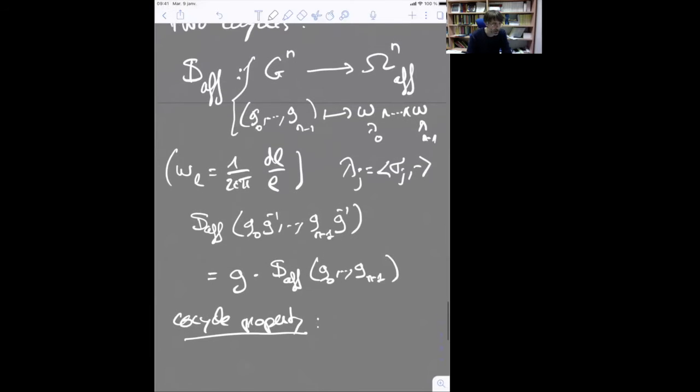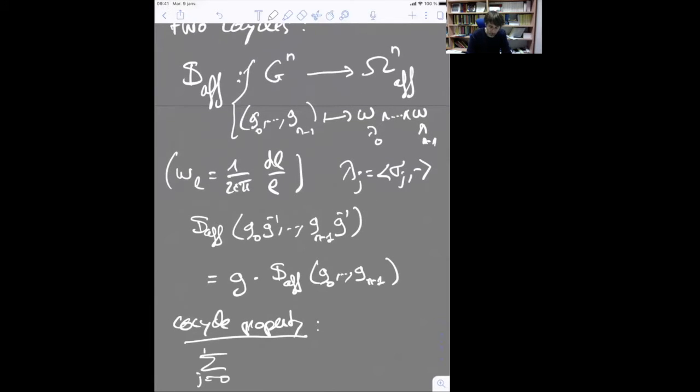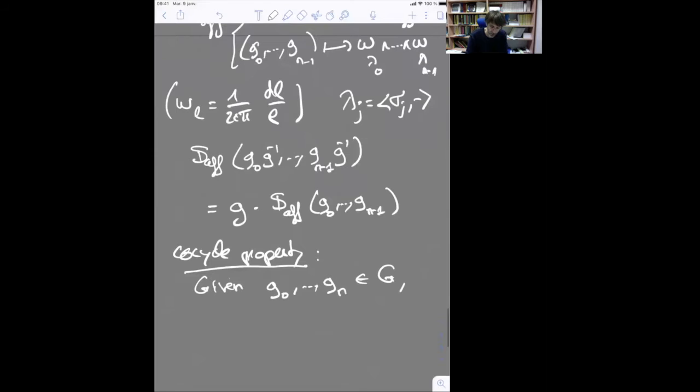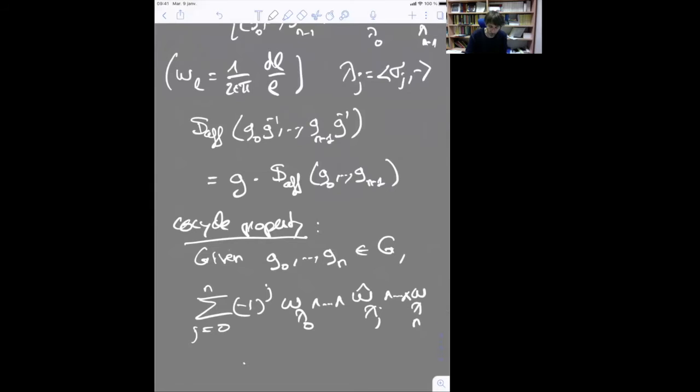The cocycle property means that, given n plus 1 elements, the sum of, so you apply S affine to G0 up to Gn, but without Gj, gives you this form, and this form is equal to 0.